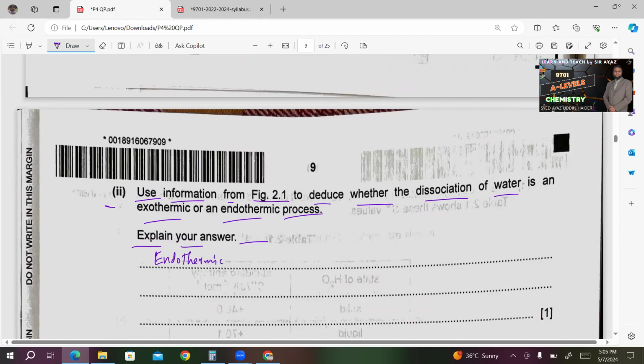And equilibrium shifts to the right hand side. Or you can write Kw increases with temperature.